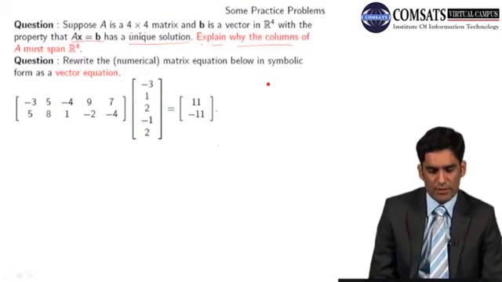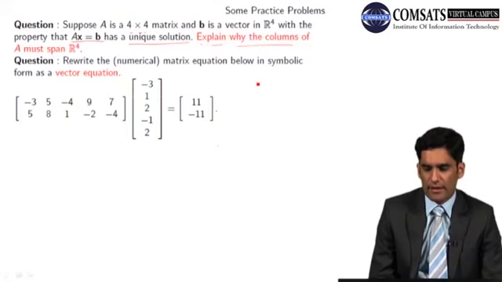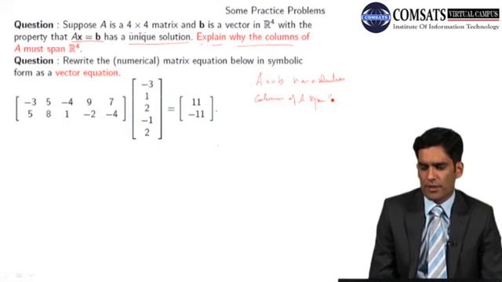In fact, in the last lecture, the 4th lecture, we had a result which tells us that these 2 statements, AX equals B has a solution, and the columns of A span the space Rm.